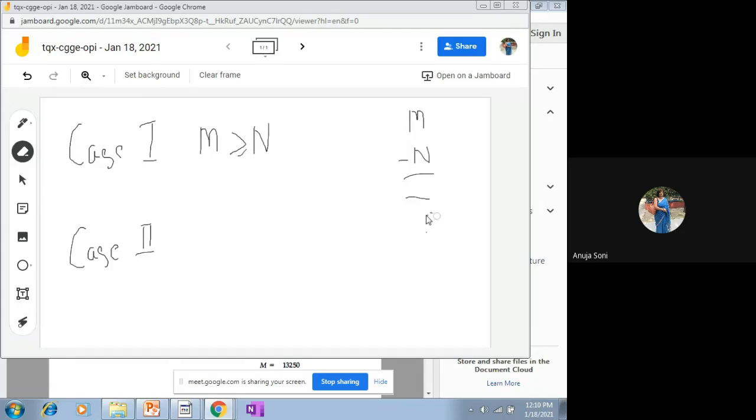Let the negative number be denoted by n. So in the second case, m is less than n, whenever the magnitude of the positive number is less than the negative number. So these are the two cases. First of all, we discuss the positive case, and then we discuss the negative case.